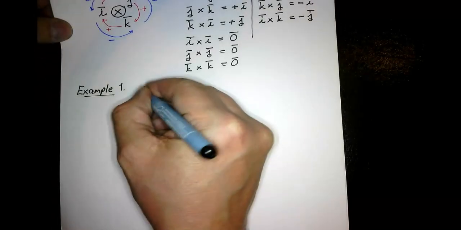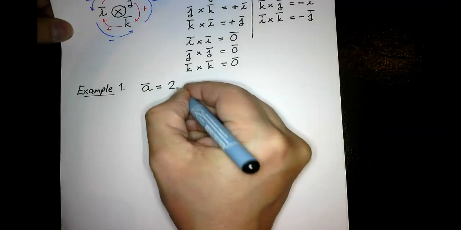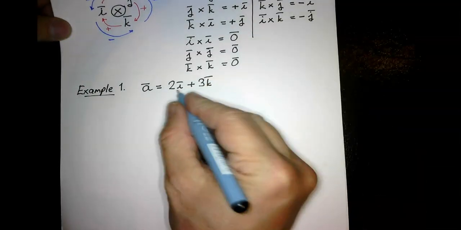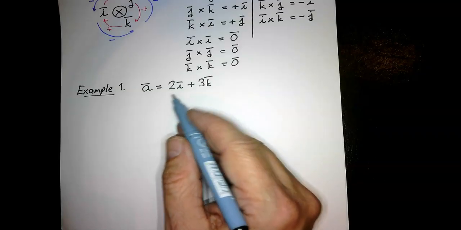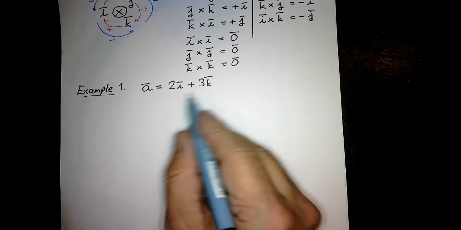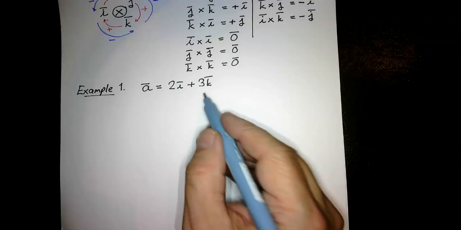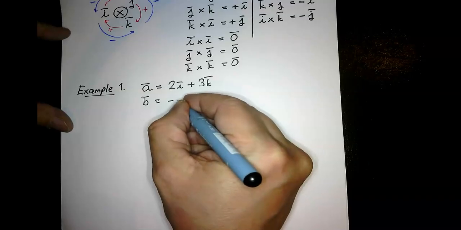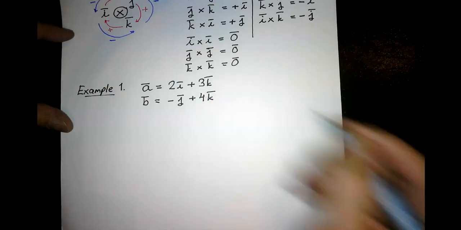Let's say we have vector A, which is 2i plus 3k, and B. This is a vector in three-dimensional space. There is an i and k component, so it is the x component and the z component. And this B vector will be, let's say, minus j plus 4k.